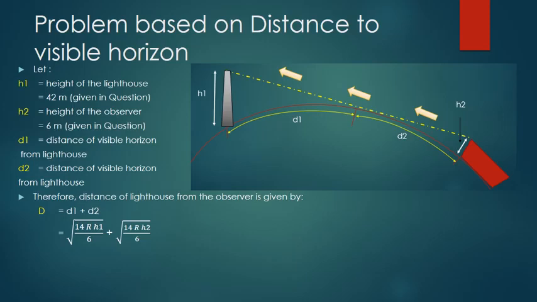Just substitute the values of r and h1, and r and h2, in both equations. 6370 is the radius of the earth, h1 is 42 and h2 is 6 meters. If you solve it, we get a value of 34.42 kilometers.